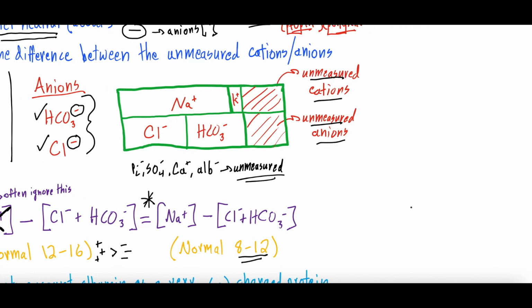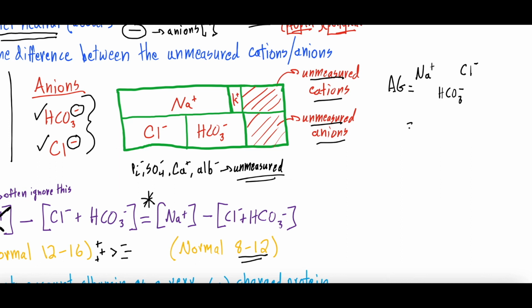Well, we know that there are a number of unmeasured cations and unmeasured anions, and the anion gap is just looking at the difference between sodium, positively charged, and bicarbonate and chloride, negatively charged.